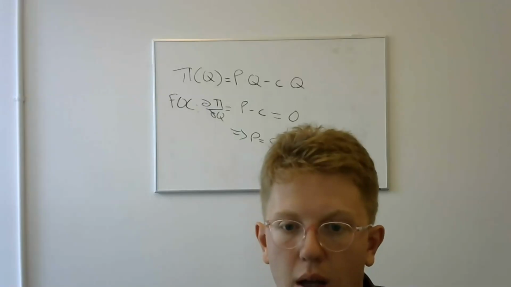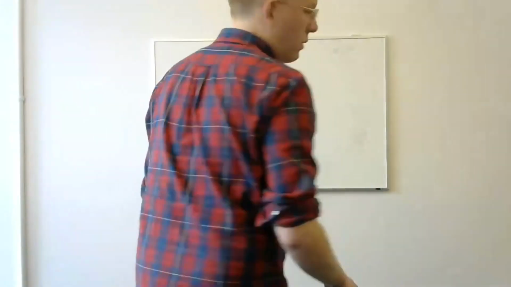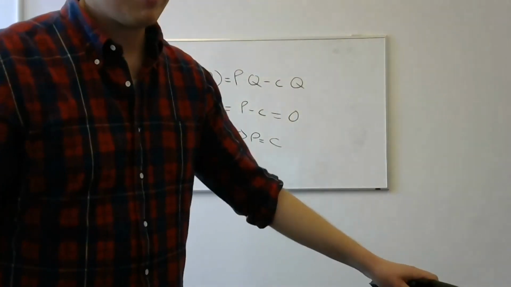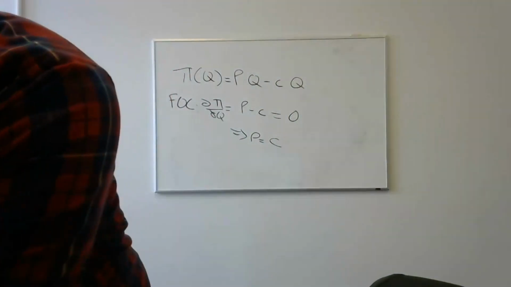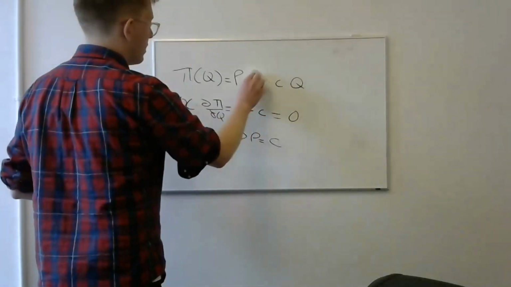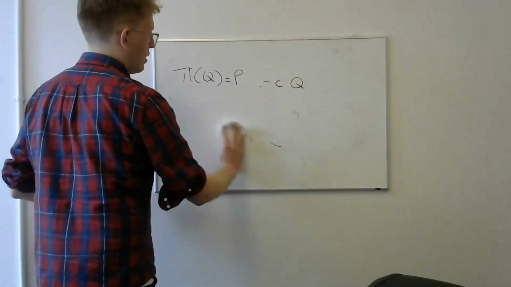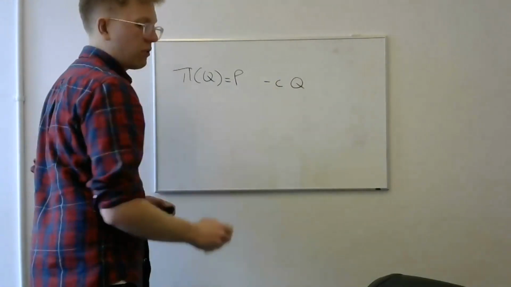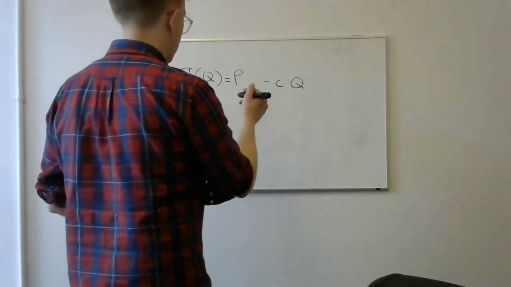So let's see. Now everything is the same as before, but what changes is that we now have price as a function of quantity.